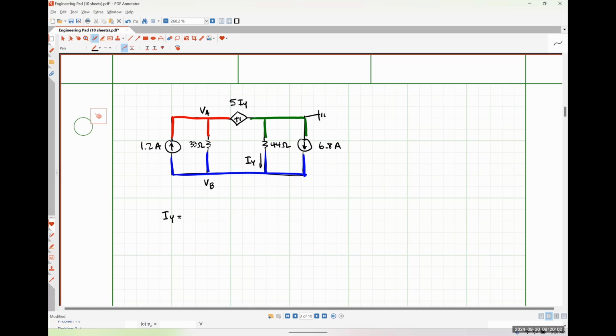What will that be in terms of my nodal voltages? What node does it start from? Ground. So 0 minus. What node does it flow to? VB. So negative VB divided by 44.